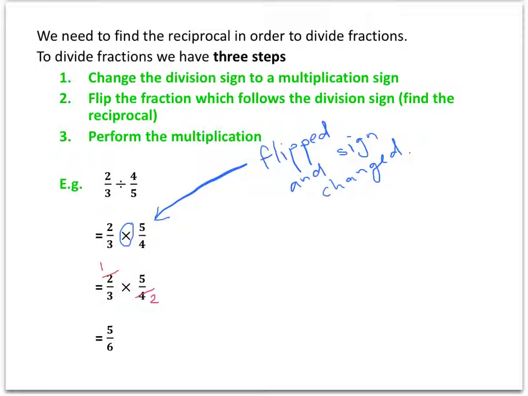Now a handy hint to remember is stay, change, flip. Now what that's referring to is, if we're looking at our first example again, the first fraction you stay, leave it as it is.